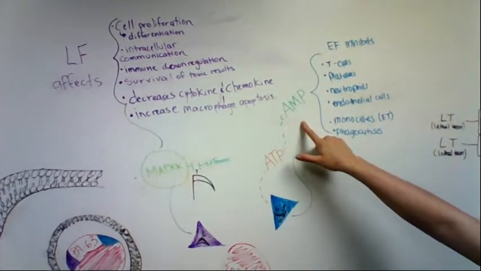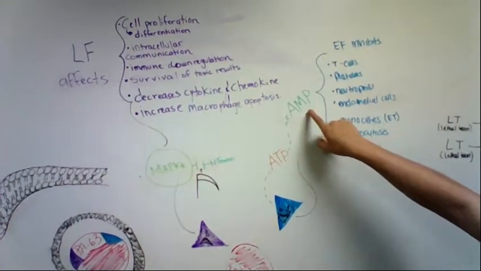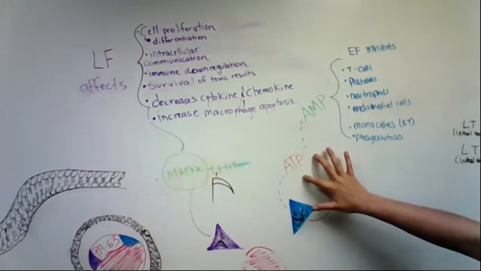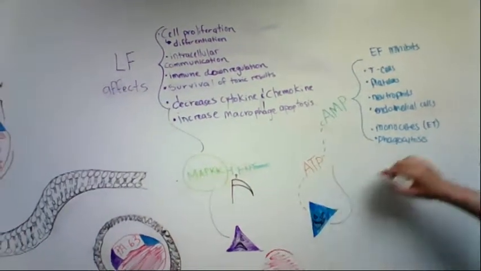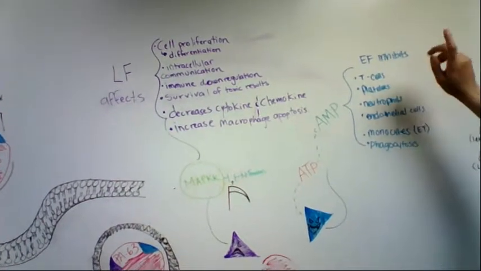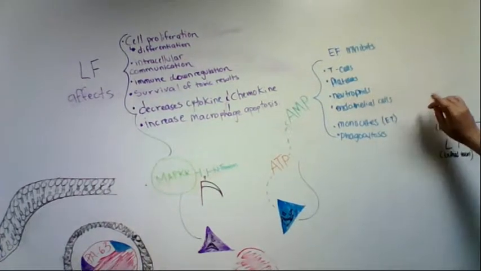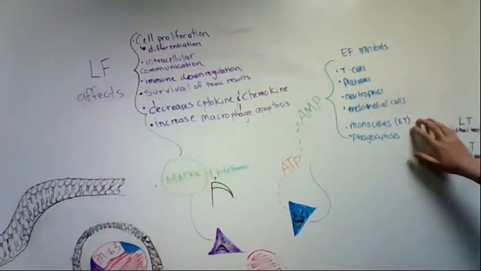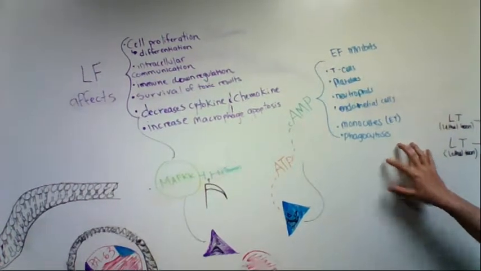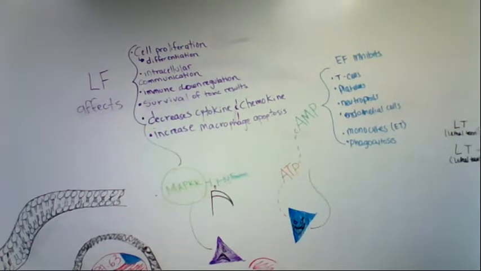It turns into cyclic adenosine monophosphate, which is cAMP for short. This edema factor inhibits the function of T cells, platelets, neutrophils, endothelial cells, monocytes, as well as the function of phagocytosis. That is the edema factor function once it infects the cell.